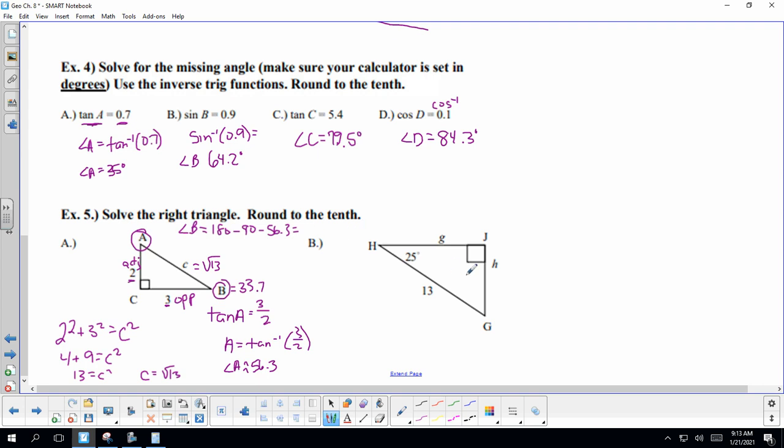We're going to do this one more time. This time we have the angle, but not the side. So we know that this guy is the hypotenuse, this guy is the opposite, and this guy is the adjacent.